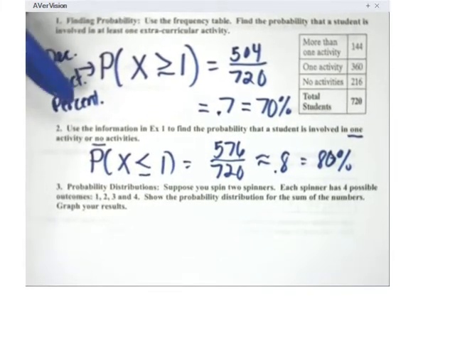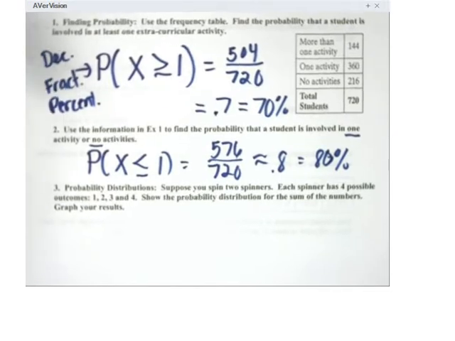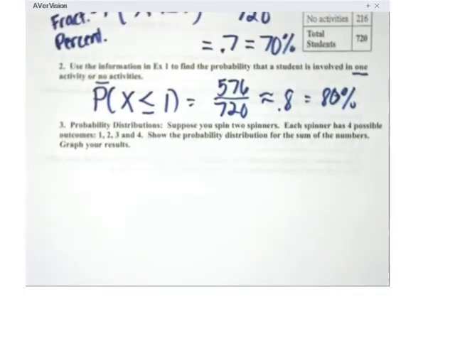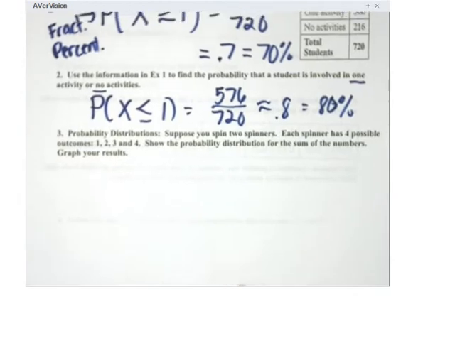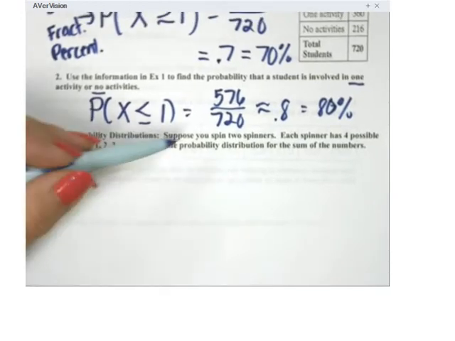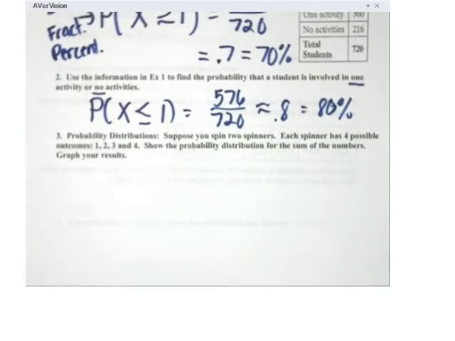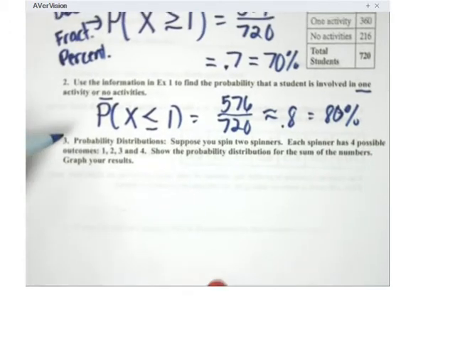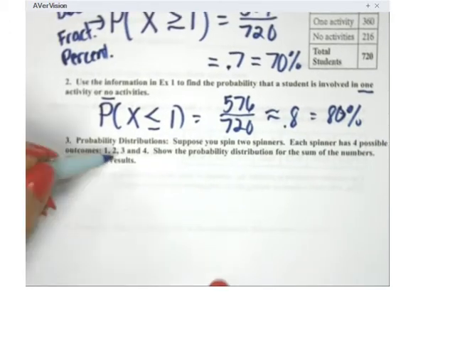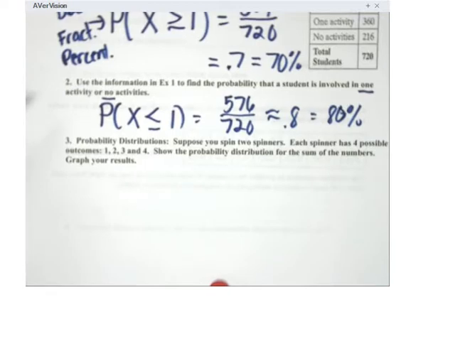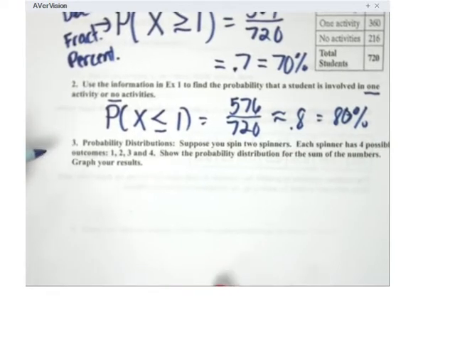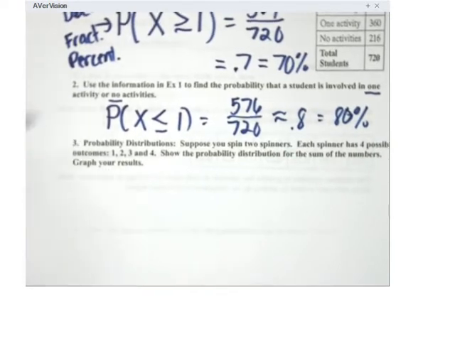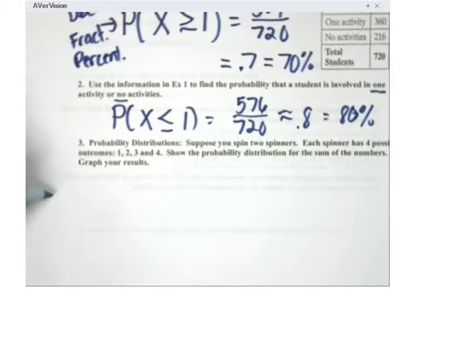Now we're going to look at making up our own probability distribution from a specific situation. We are supposing we have two spinners. We will assume that these spinners are fair, meaning that each of these outcomes 1 through 4 is equally likely. And we want to show the probability distribution for the sum of the numbers. And then we're going to graph our results.